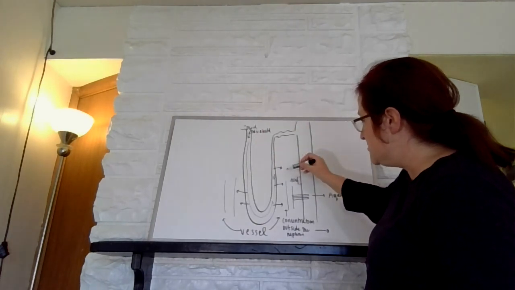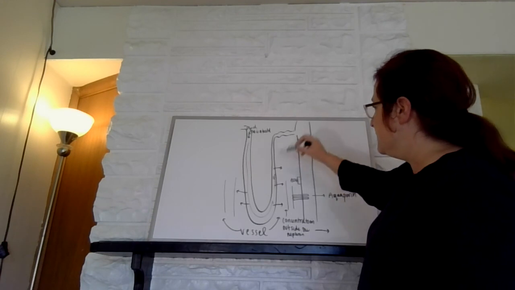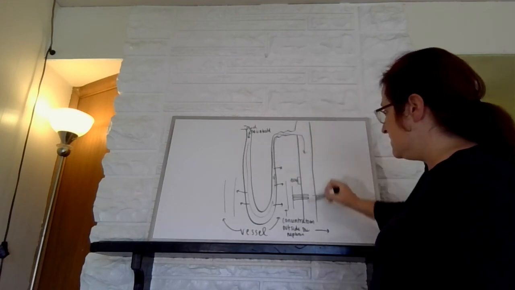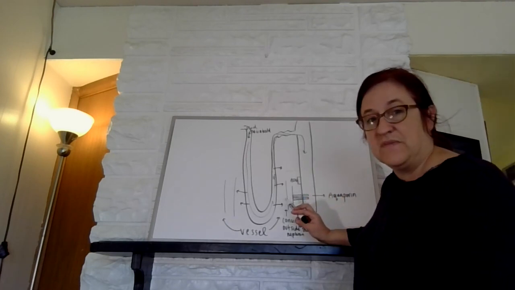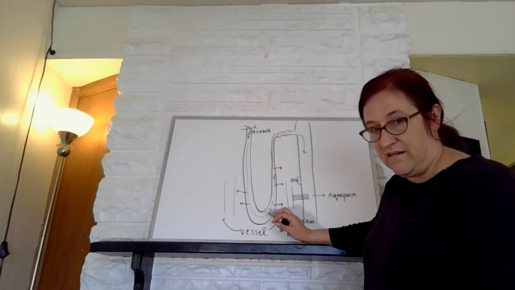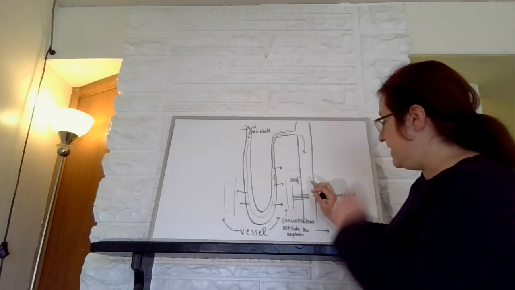The concentration is outside of the nephron in the interstitium. So by the time this fluid runs down into the collecting duct, it is not very concentrated at all, because some of those concentrates have left there to go into and be reabsorbed by the capillaries.